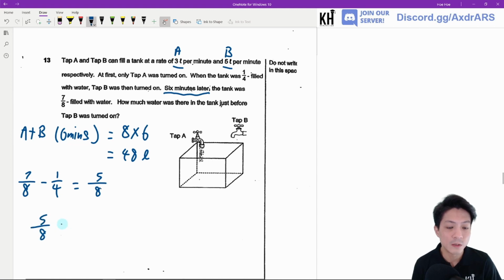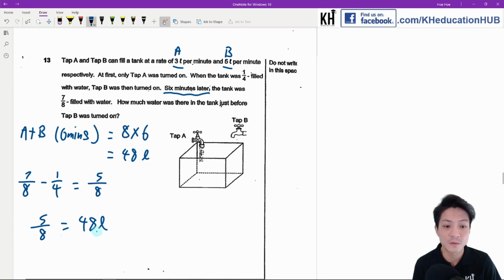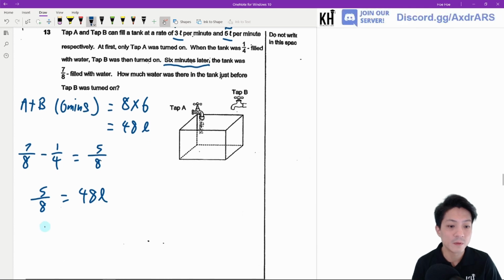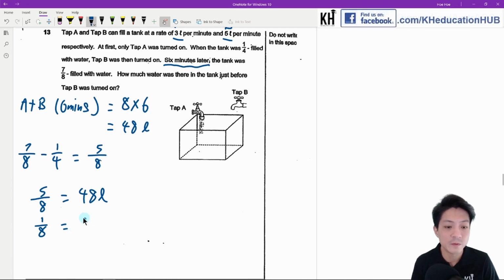Okay, so I know that 5/8 of the tank is equal to 48 liters. I just need to find out what is 1/8. Okay, 48 divided by 5, which is 9.6 liters.